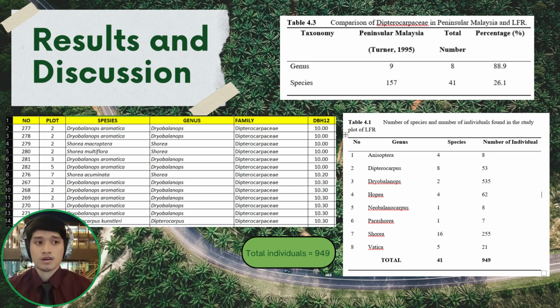Next, about 41 species were found, as compared to a total of 157 species found in the whole of Peninsular Malaysia by Turner, which makes only 26.1% found in Lesong Forest Reserve, Pahang.